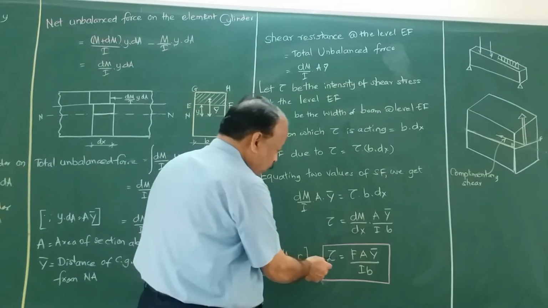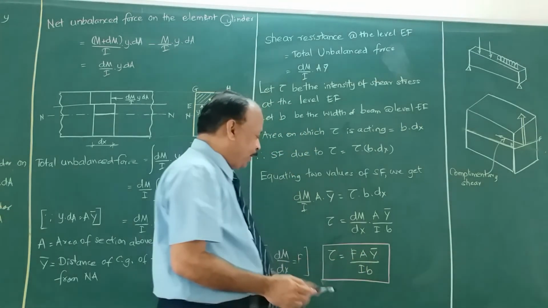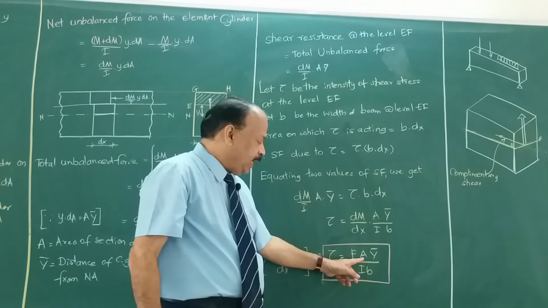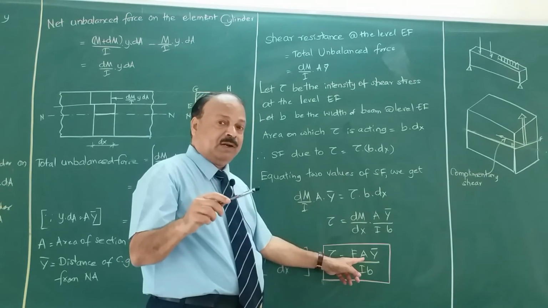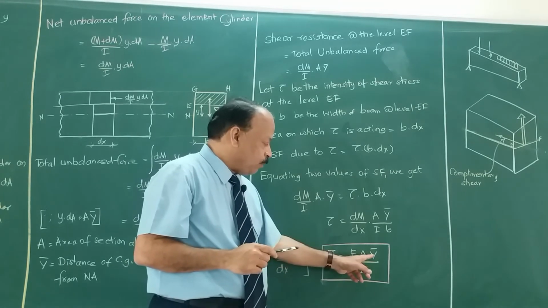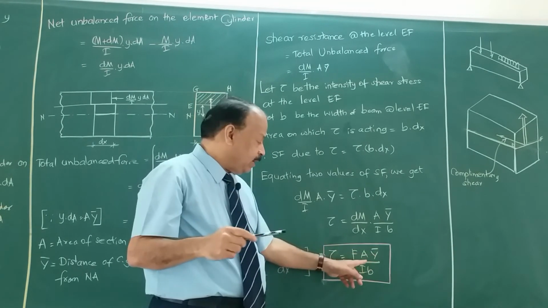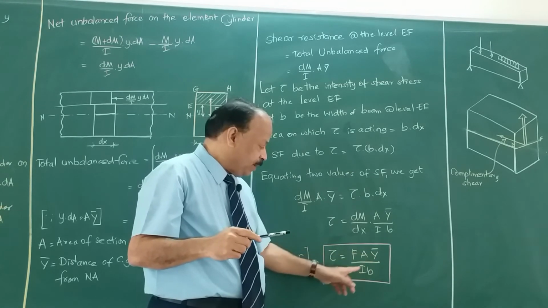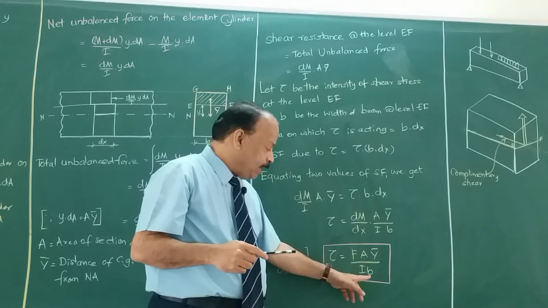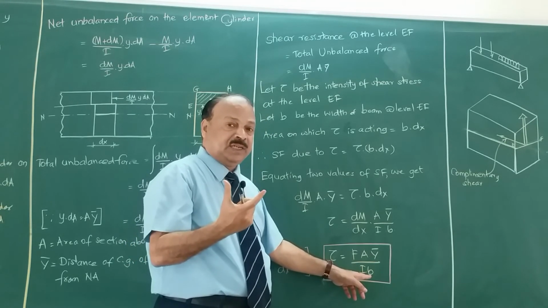So tau is equal to F A y bar upon I B, where F is the shear force at the particular section, A is the area above the level where you require the shear stress, y bar is the distance of the centroid of the area above the level EF, I is the full moment of inertia of the section, and B is the width of the section where you require the shear stress.